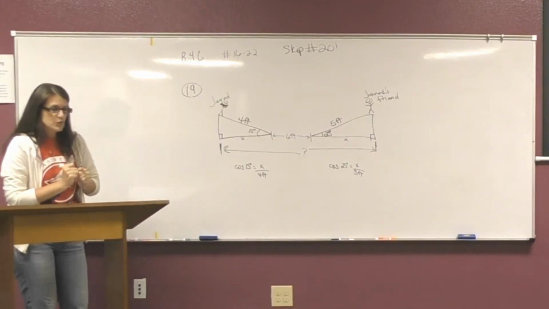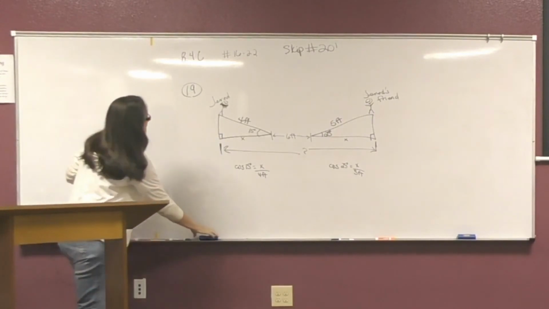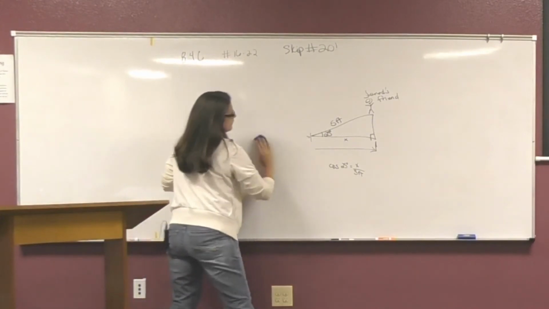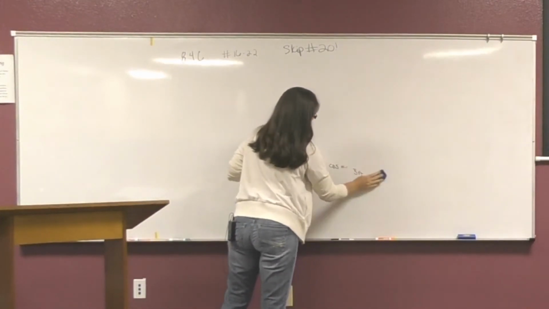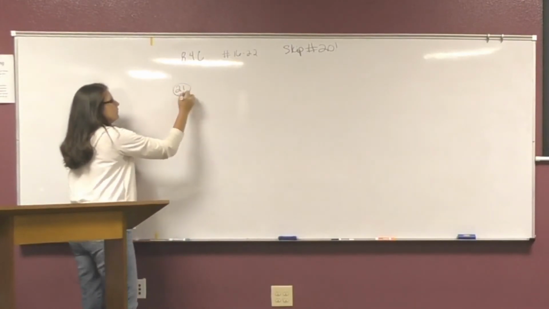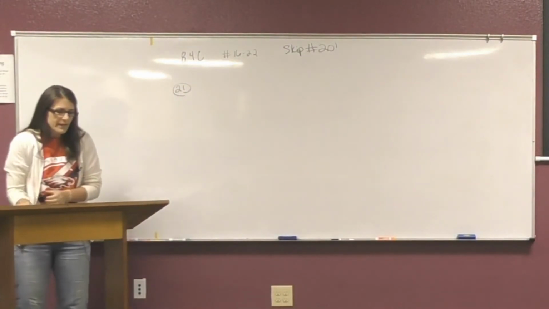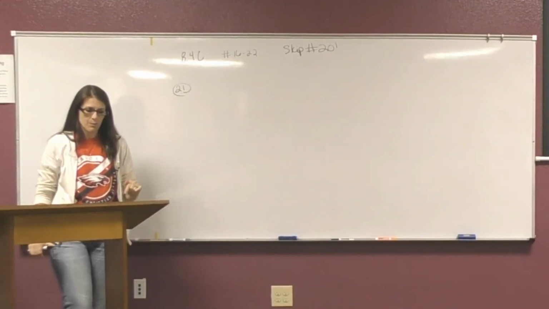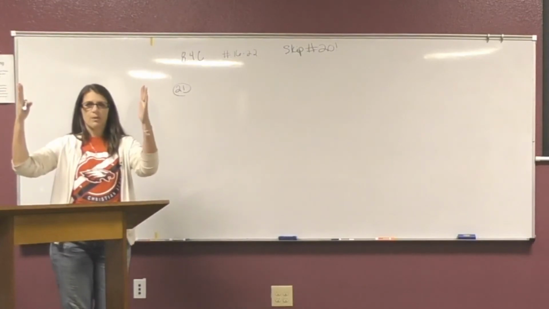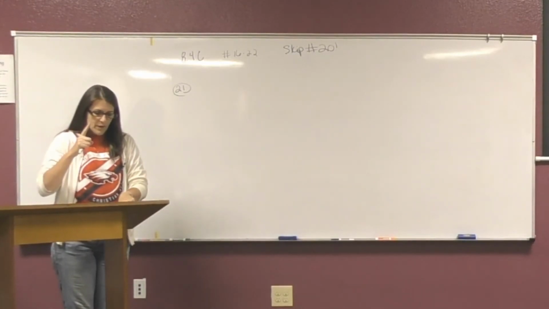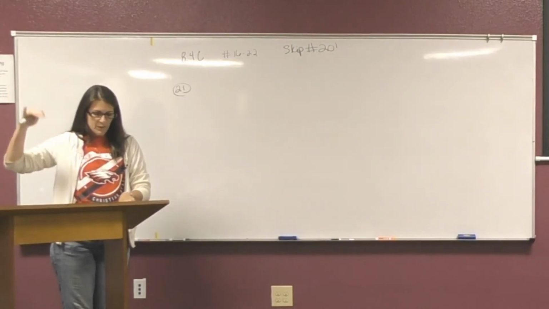So turn your page, let's look at 21. All right. Stephen wants to hang a banner between two trees on his property. He knows that one tree is 33 feet tall and the other one is 20 feet tall.